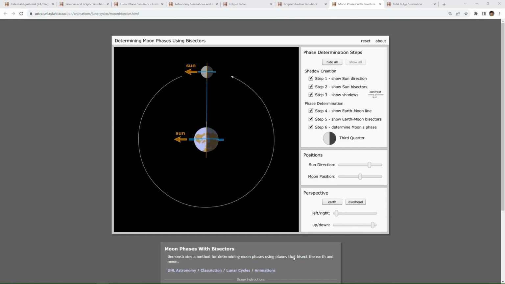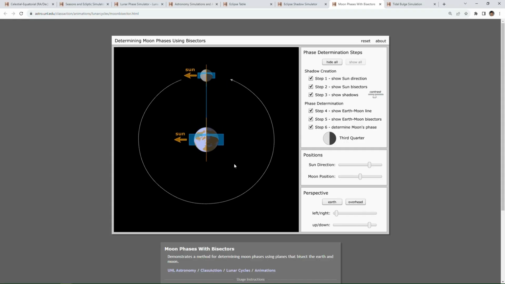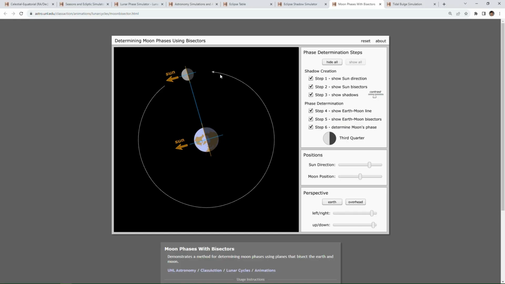And I have another simulation we can share, so we can put the moon in a different location. Now, let's go to maybe a random location. Let's say this way. So this is the direction of the sun. You can see the sunlight. You can see there's always half of the moon that is lit up by the sun.